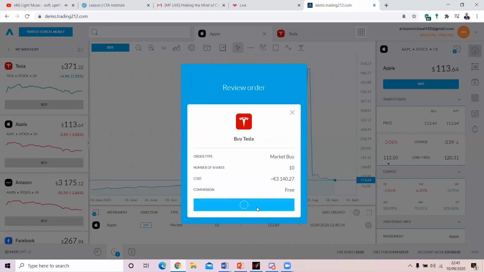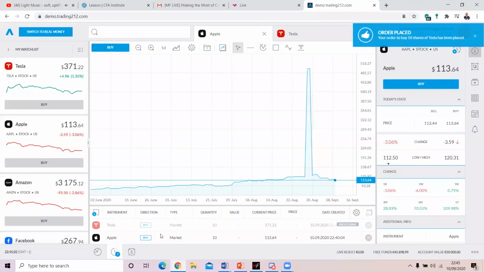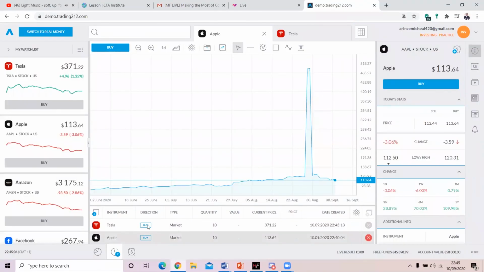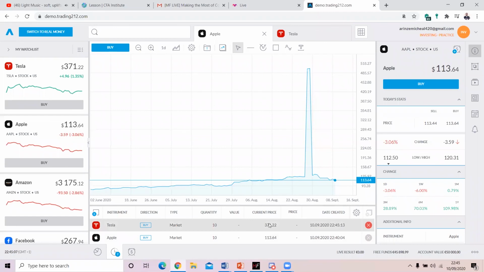So you review order as usual, and then it comes up again, then you send the buy order. And you see at the lower part of my screen, you can see Tesla. It's also a pending order because the market is closed. So whenever the market reopens, they're going to review the order and then execute my order.